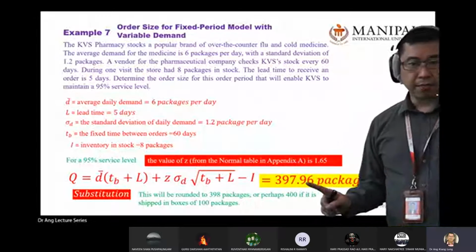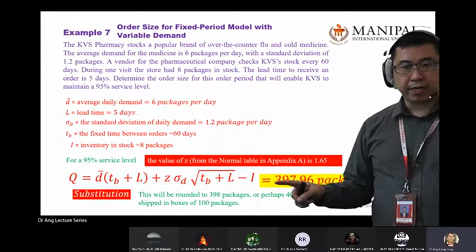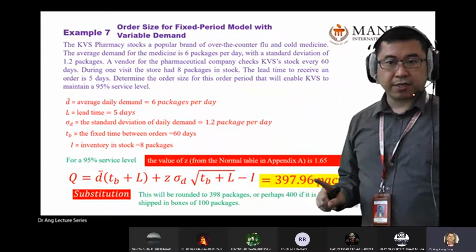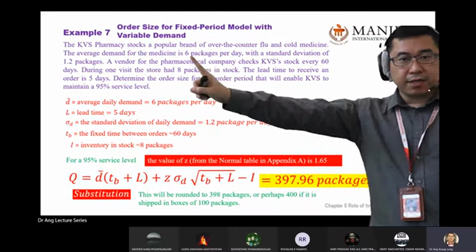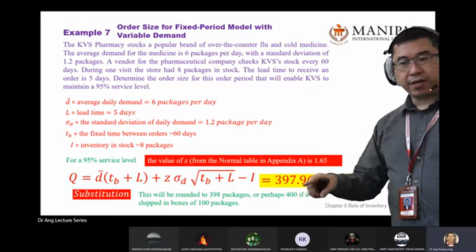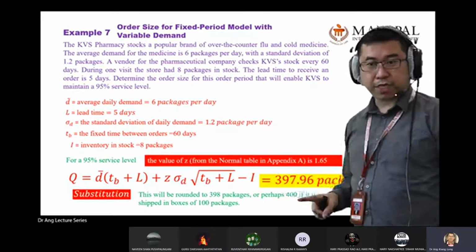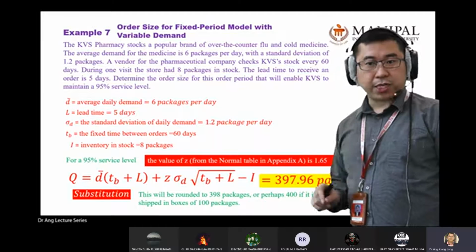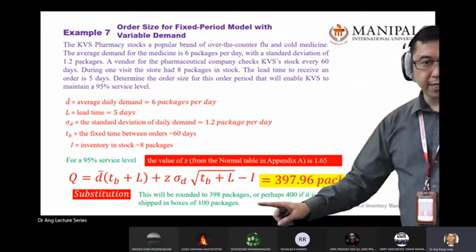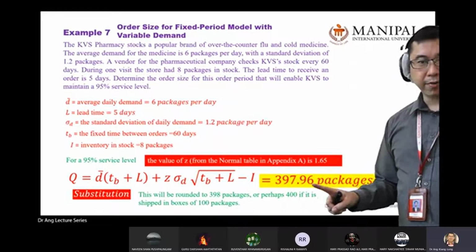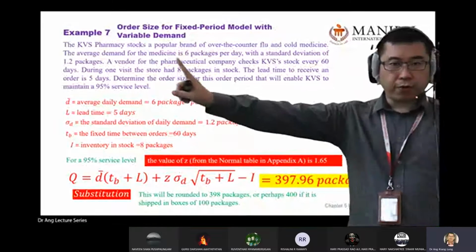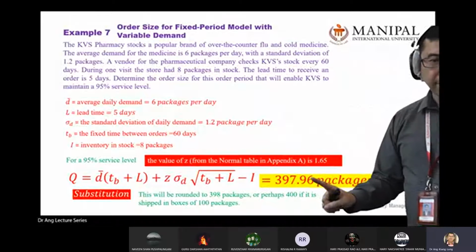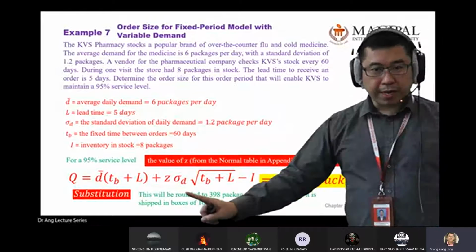Or maybe in the real case, sometimes they deliver like one parcel or one package, one delivery. When they pack the medicine, maybe one shipment is about 40 packets. So you follow the minimum package order, right? So this green color is the more realistic answer after you find out the decimal. For order size of fixed period model, when you calculate, you still need to give me the decimal, but you have to come up with a conclusion.